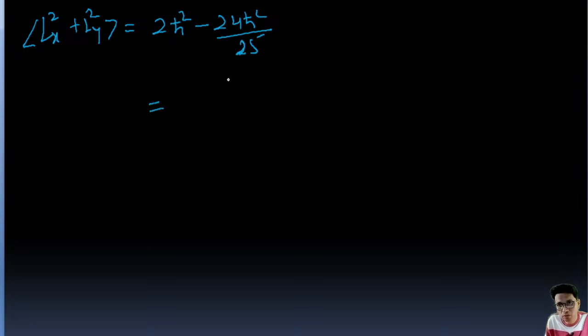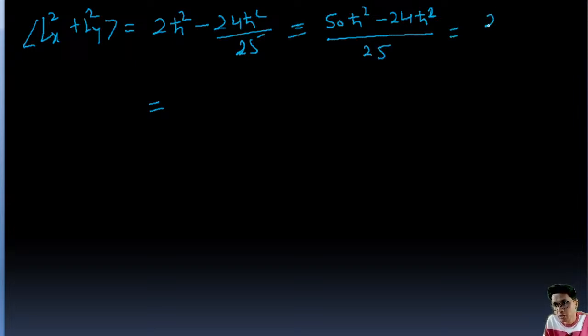Okay, so we solve it, right? 50 h cut square minus 24 h cut square upon 25, and this value is going to be 26 h cut square upon 25.